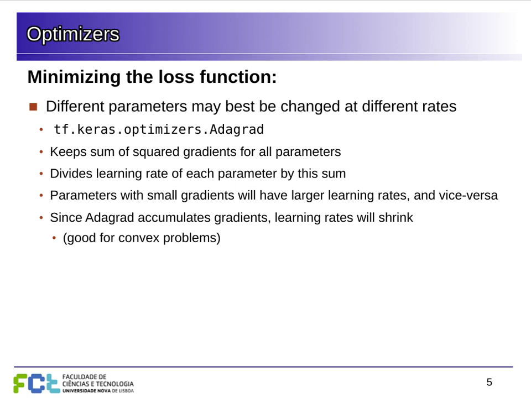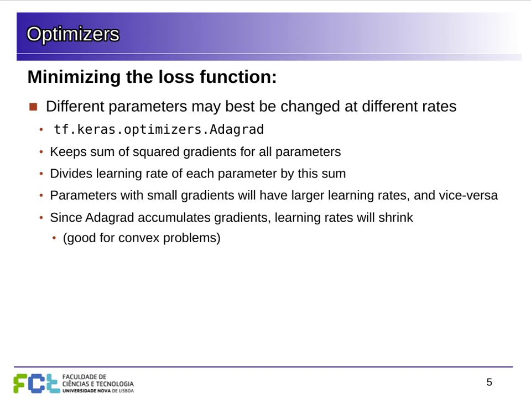Another aspect of this is that since it's keeping the sum of the squared gradients so far, so it's adding the square of the gradients for all the iterations, the learning rate will tend to shrink along the learning process, which is a good thing if we have a convex problem. So a convex problem is one where you have a sort of a bowl-shaped surface and you start sliding towards the bottom, and the bottom becomes narrower and narrower as you approach.